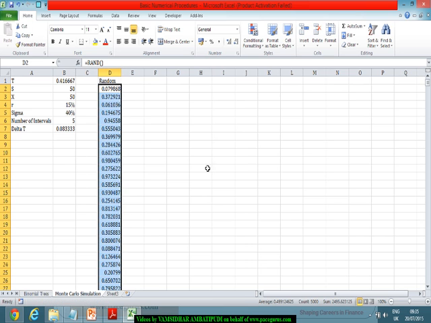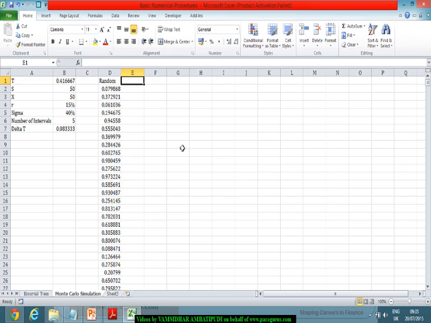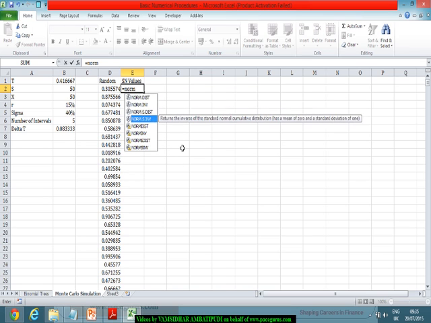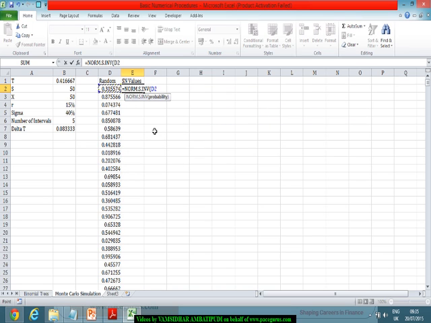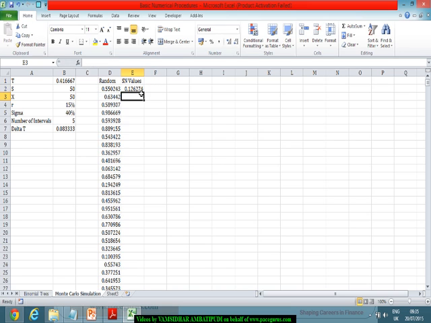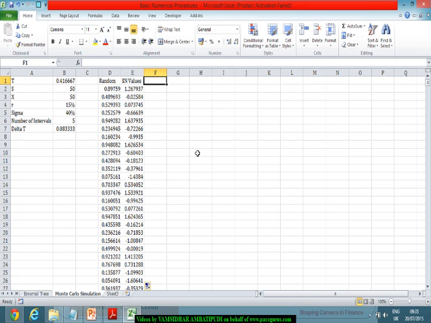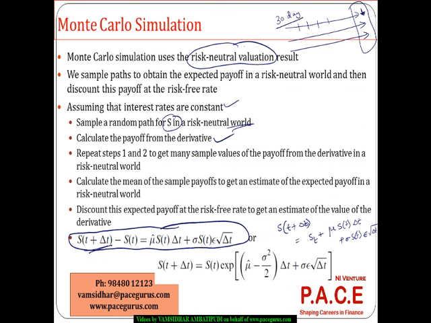Now these 5000, I'll convert them into standard normal values, wherein I'll take the norm inverse function associated with this probability, arrive at the standard normal values, and once I have the standard normal values, I will have to generate this kind of a mechanism.